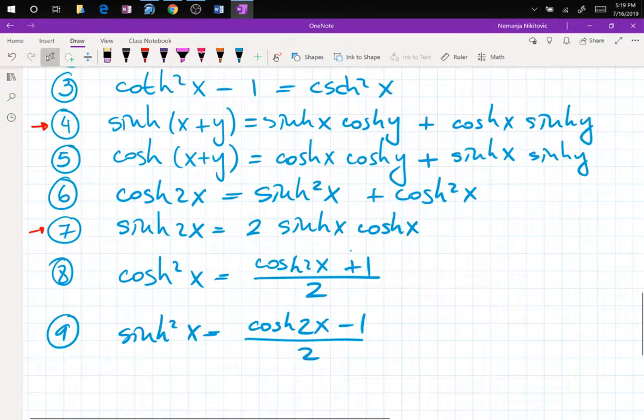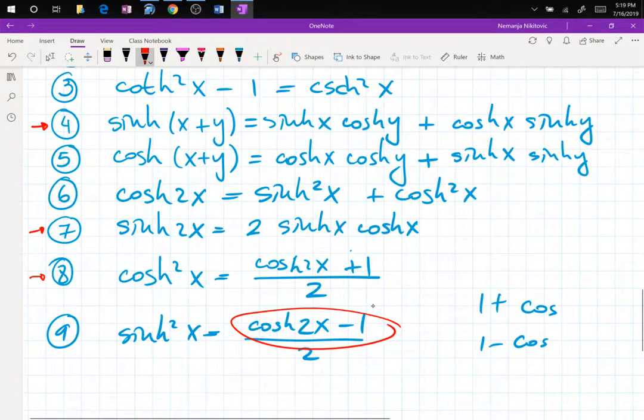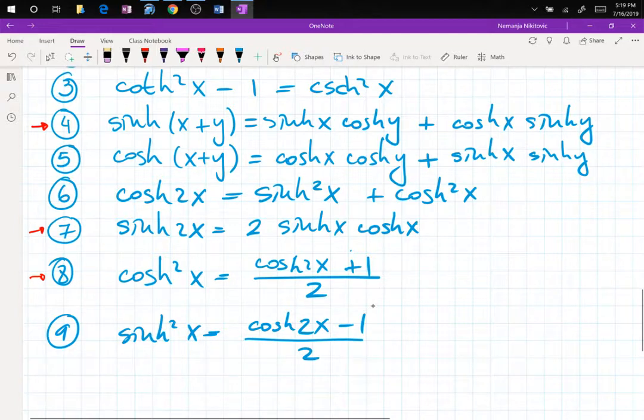Now your trig identities are 1 plus cosine and 1 minus cosine, so they just swap. Obviously for addition, it doesn't matter which one is listed first, so number 8 is still the formula that, if you erase the h's, gives exactly the same as trig, but for the one on the bottom, you actually have to swap the terms in order for it to work.